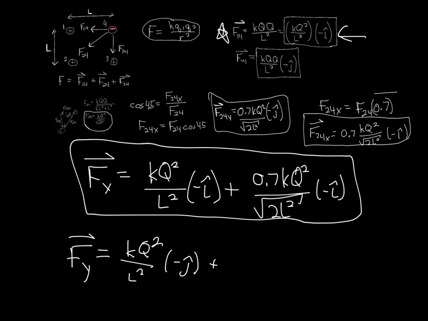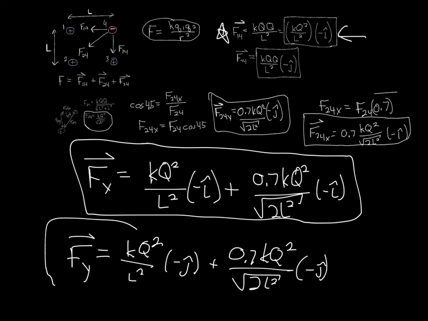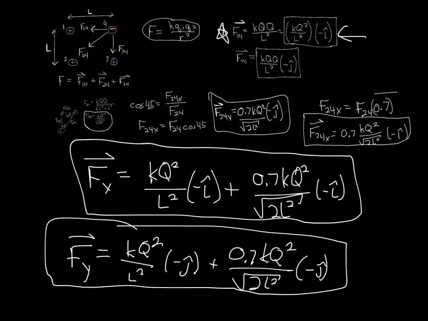And we're going to add on that 0.7 times k q squared over the square root of 2L squared in the negative j hat direction, which again came from F24 in the y direction. And we can circle that answer as well. And that gives me my y direction force.